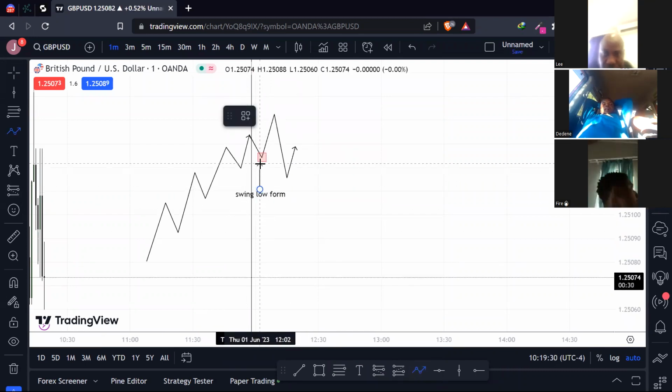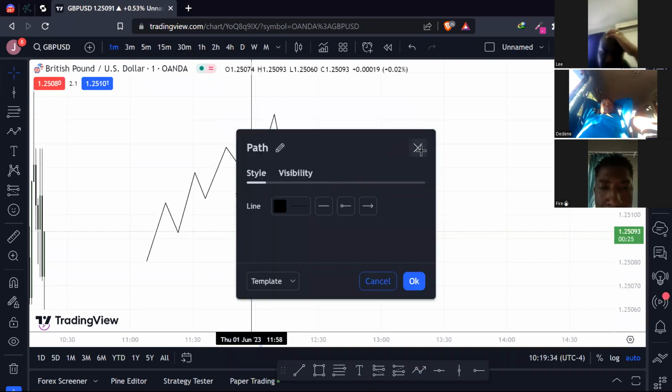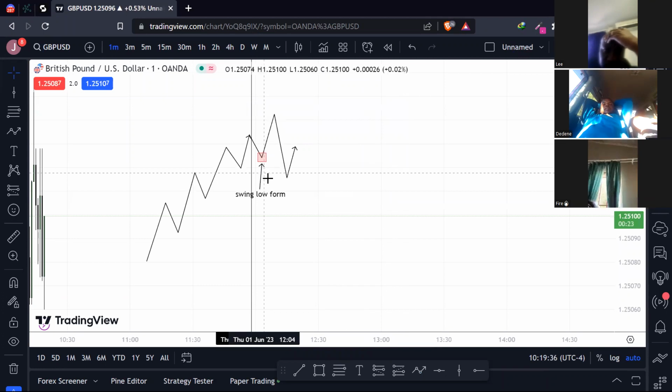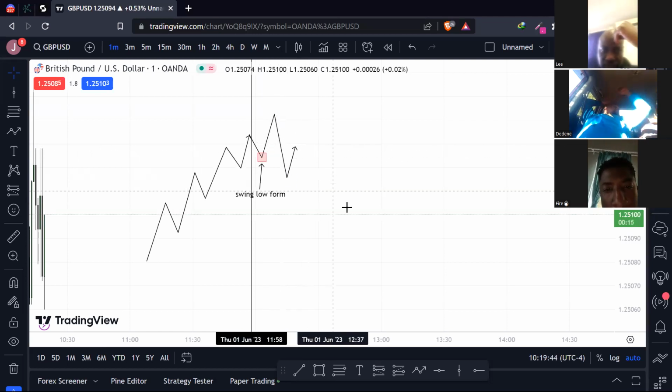This is where the swing low forms. So we need a break of the swing low and the price retrace to the fair value.